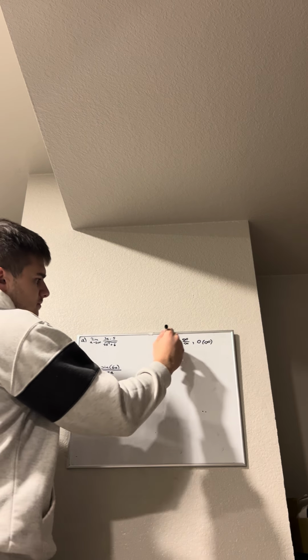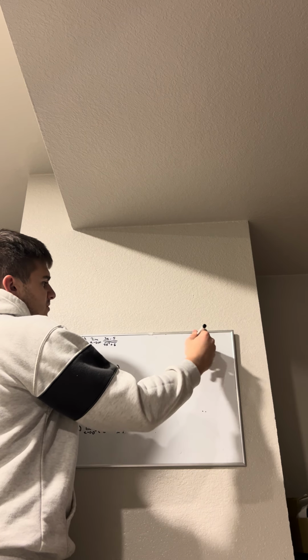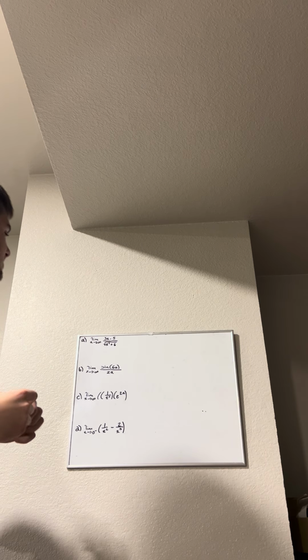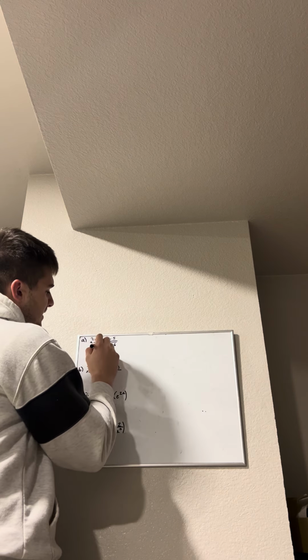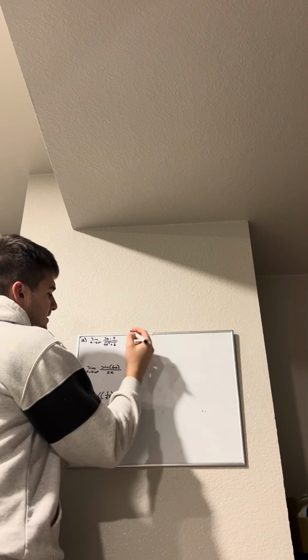So in this case, what do we want to do? We want to first demonstrate that the limit is part of a non-determinate form. So we want to plug infinity into the expression.